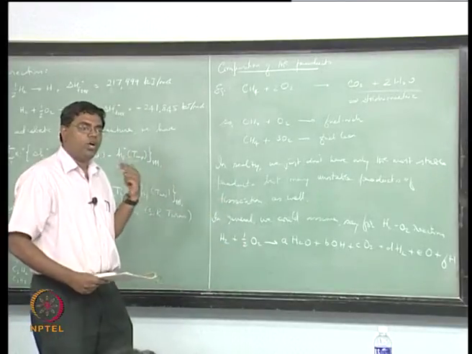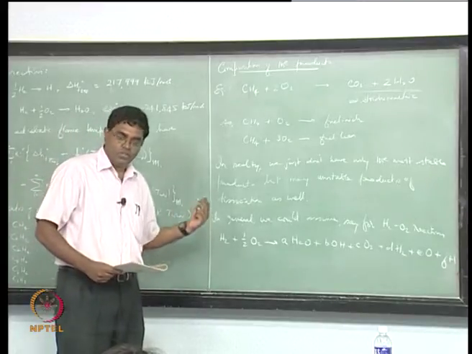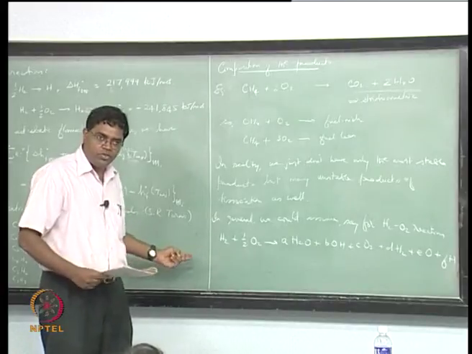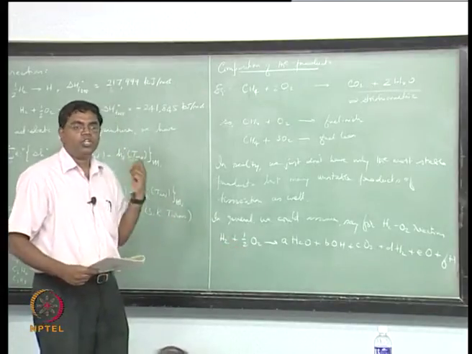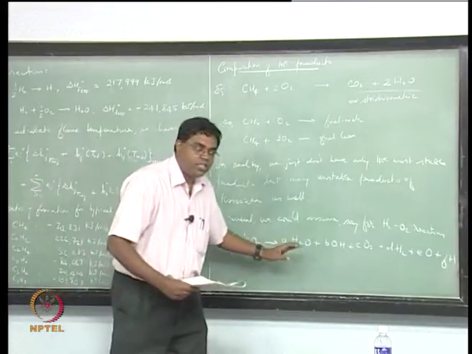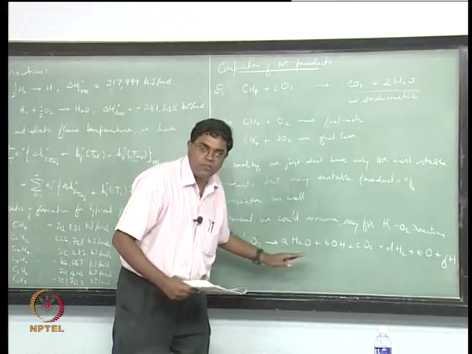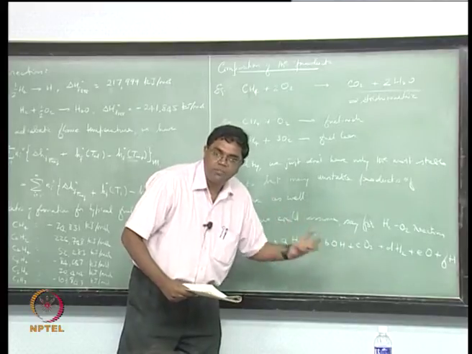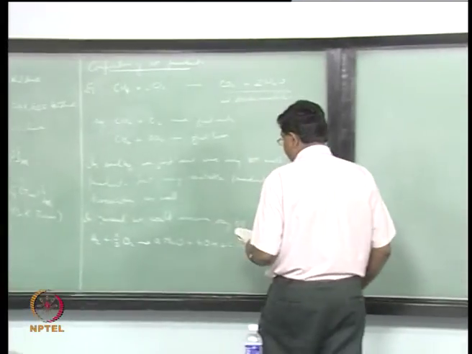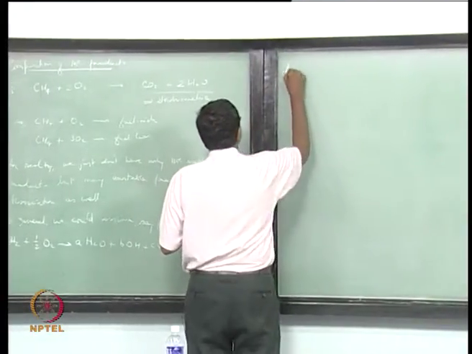So if you now were to write atom conservation equations for these, in an attempt to balance the reaction, we would get two equations, but we still have 6 unknowns. That means there are 4 more unknowns for which we need to develop equations. So let's first do what we can, which is atom conservation.